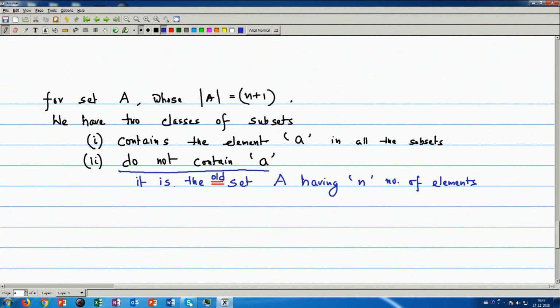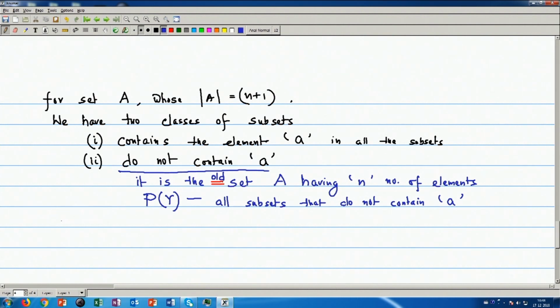That means, if we consider the old element set, say this is the power set of y, that means P y is the set of all subsets that do not contain a.